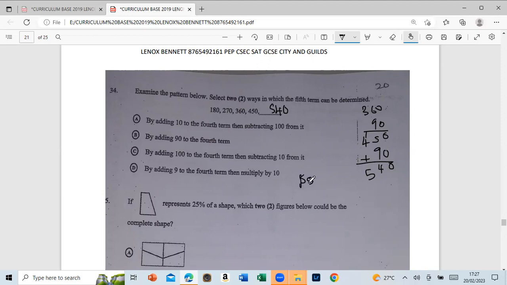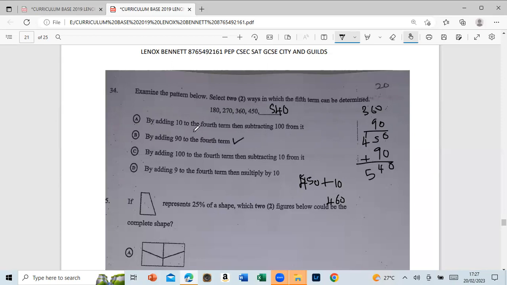So let's say add 450 plus 10. That will give us 460, right? And you have 460 minus 100. Alright, so boom. It's not that.